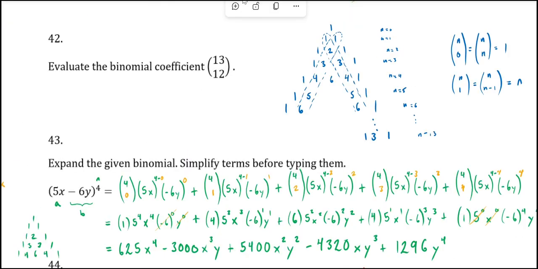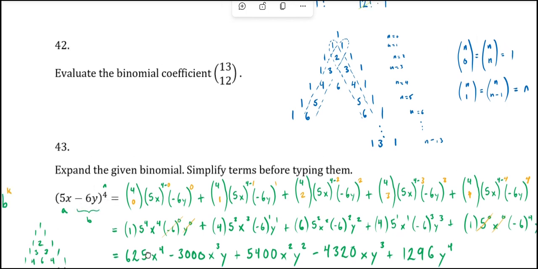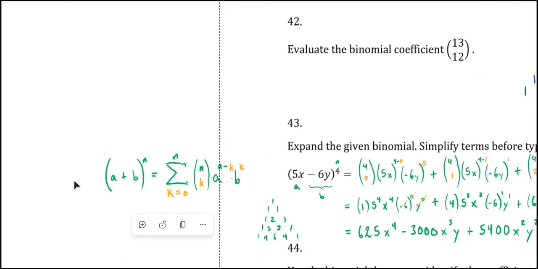There are many uses for the binomial coefficients, especially in terms of combinatorics. The binomial expansion formula gives us one use. If I want to expand (5x minus 6y) to the power of 4, what I'm going to want to do is take advantage of the binomial expansion formula. It says that each one of my terms is going to have a particular kind of exponent.